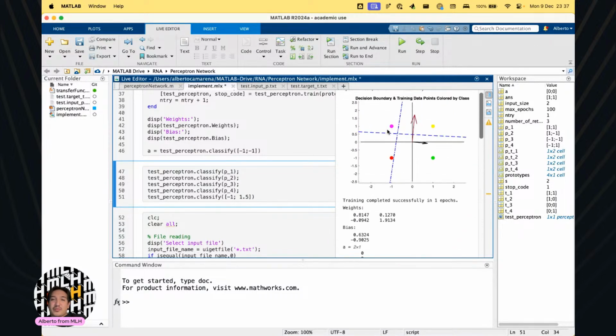Wow, 1.5, minus 1. Am I talking about minus 1 here and 1.5 here? No, no, I mean that's not correct. Wow, very interesting.